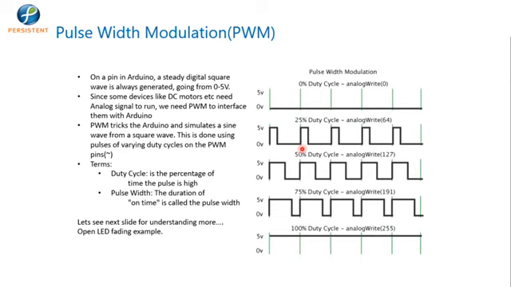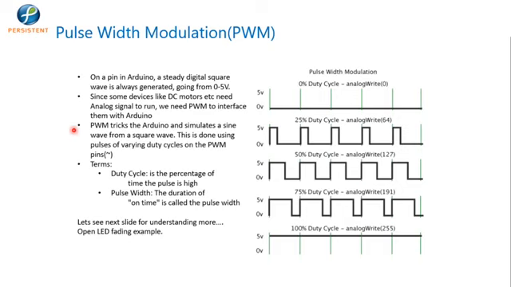So a little recap on what we already saw with pulse width modulation. On a pin in Arduino, a steady digital square wave is always generated, going from 0 to 5 volts. Now since some devices like a DC motor etc. need an analog signal to run, we need pulse width modulation to interface them with Arduino. As in, the Arduino doesn't provide you any analog signal output directly.